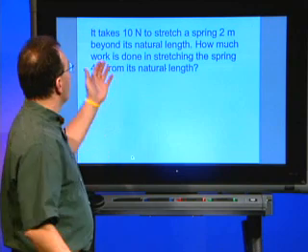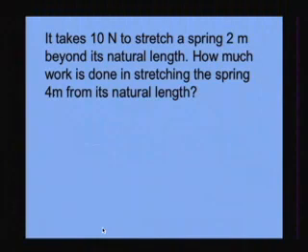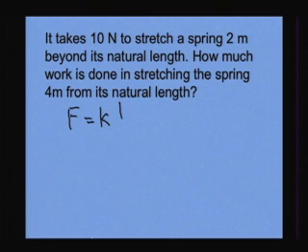It takes 10 newtons to stretch a spring 2 meters beyond its natural length. How much work is done in stretching the spring 4 meters from its natural length? So what we do is we know we're going to use F equals kd.